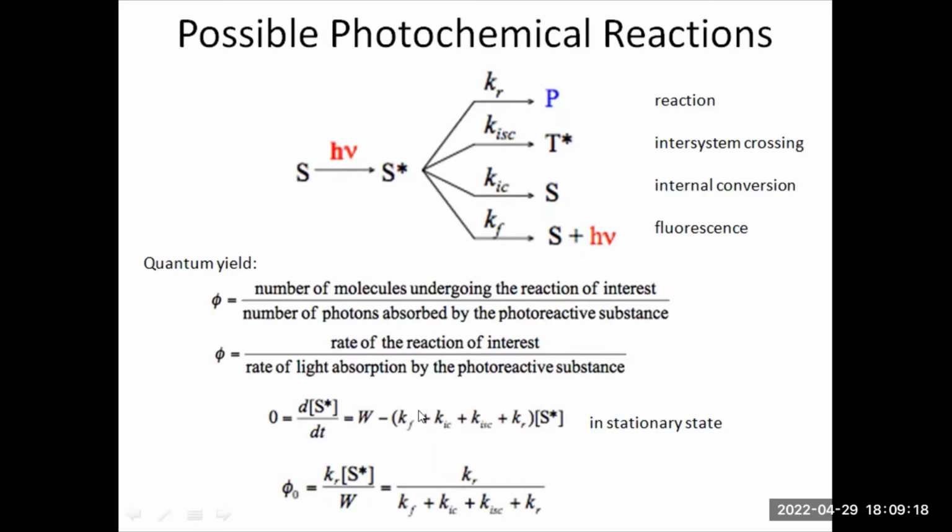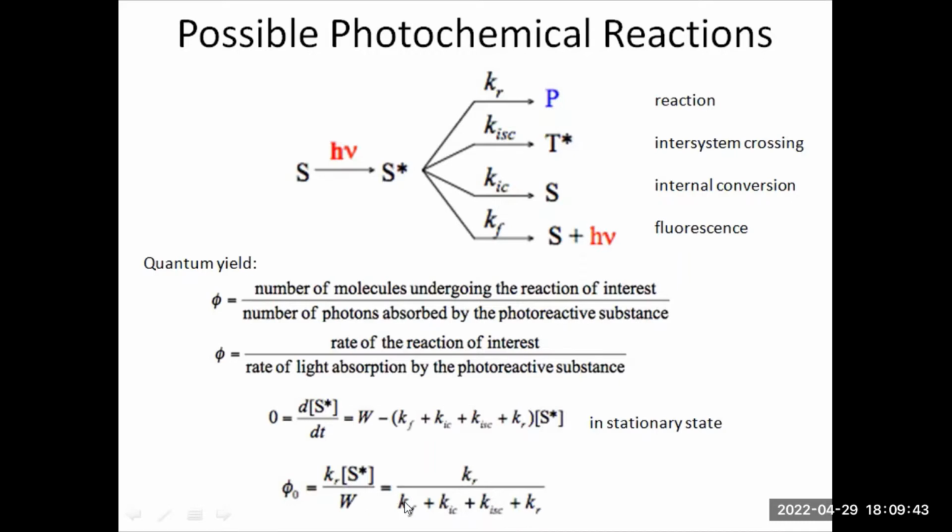Okay, so you can convince yourself that this is the right equation, and then if we want to get the rate constant for a particular reaction R, so that's K sub R, we just solve this equation for K sub R times S star, the concentration of the excited states, over the number absorbed.